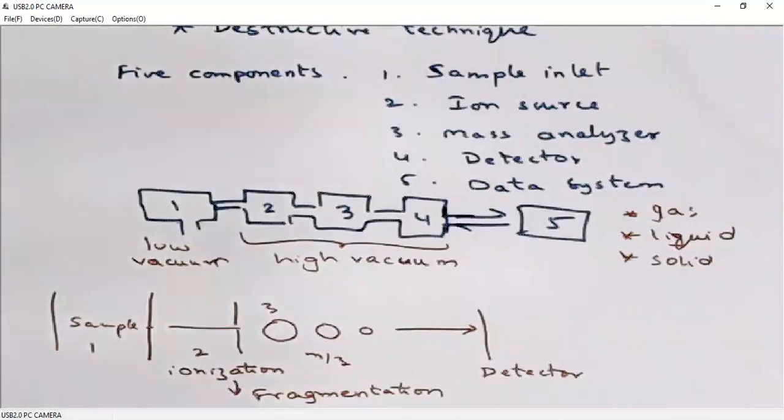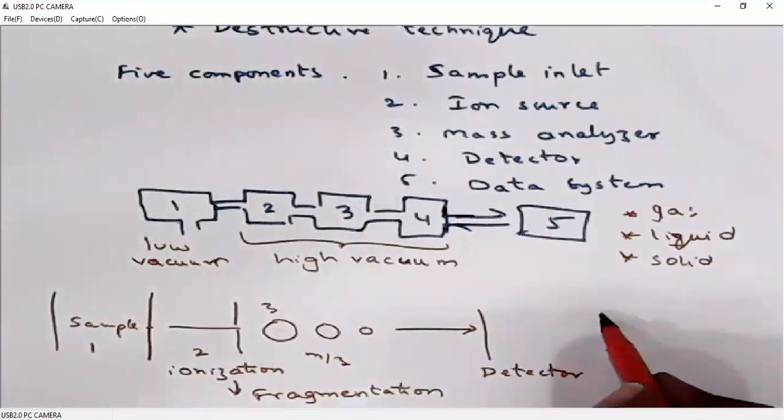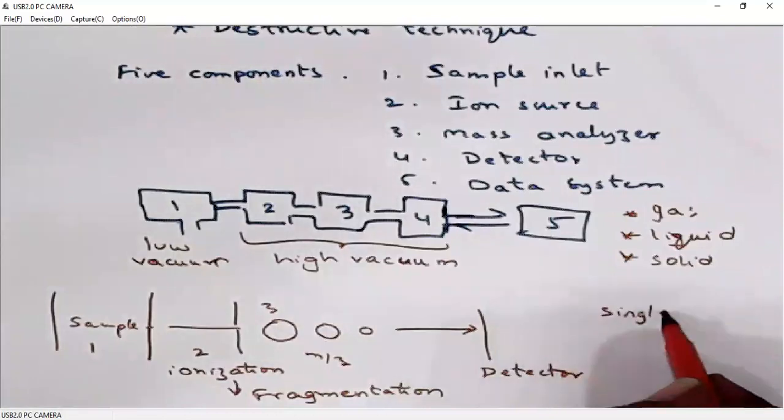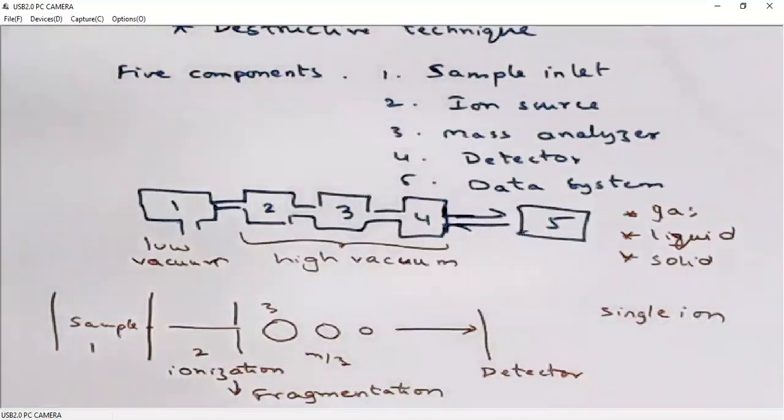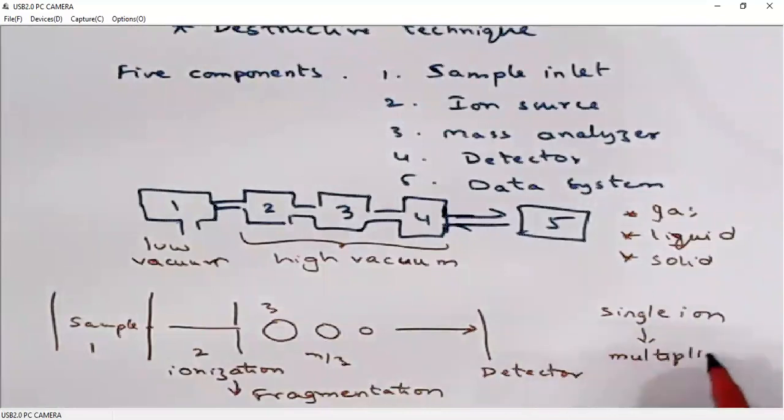Now, what is the accuracy of the mass spectrum? We can detect even a single ion that strikes the detector. So a mass spectrometer is equipped with such great detectors which will detect even a single ion, and we will have intensity multipliers, generally current multipliers. An ion carries electric charge. So the electric charge carried by the single ion will be further multiplied, and that will give the signal to the detector.